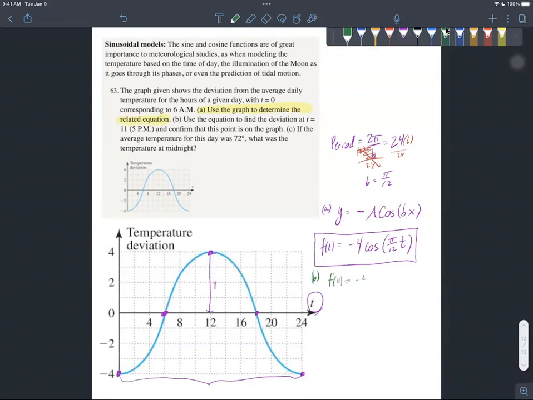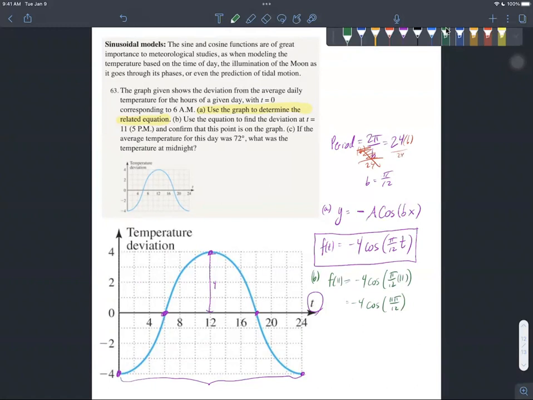And this is -4 cosine of pi over 12 times 11. Now, this is -4 times the cosine of 11 pi over 12. If we don't have a calculator, I can't punch that into the calculator. And so it tells us that this is at t equals 5 p.m.